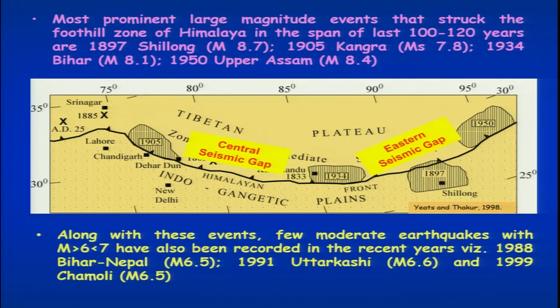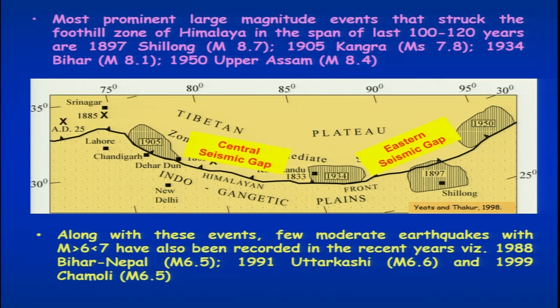Okay, so these seismic gaps will be the areas for hosting the next large magnitude earthquake. So, please remember that what we are talking about, the seismic gaps, is the gap between the locations of two major earthquakes.